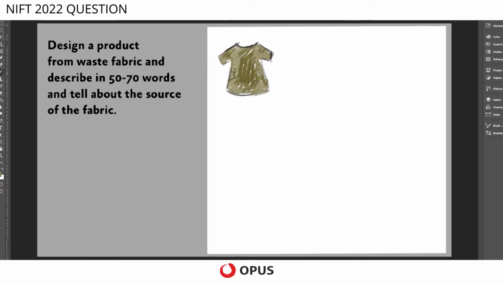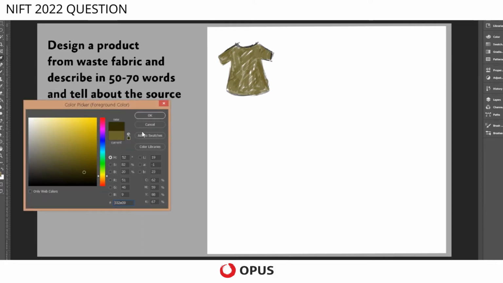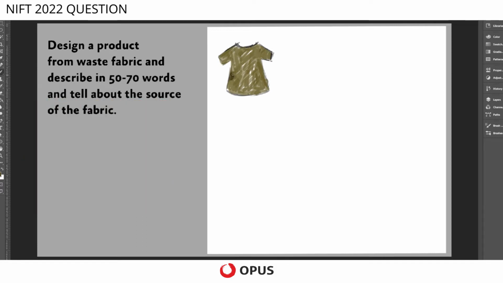Okay, so this gives an understanding of your original fabric. All right, now you can add certain graphics here, certain indications that this is something wasted which has to be reused.